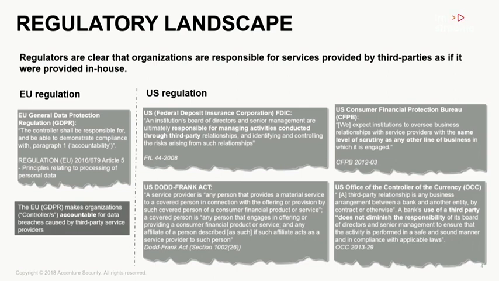We can see this in the US Federal Deposit Insurance Corporation, the US Dodd-Frank Act, the Consumer Financial Protection Bureau, and the US Office of the Comptroller of the Currency. So it gives a flavor that everyone is aware of these risks, but it still needs to be worked on.